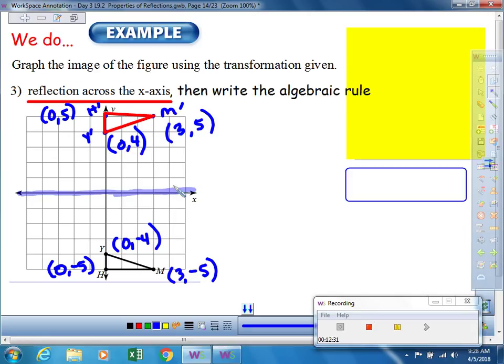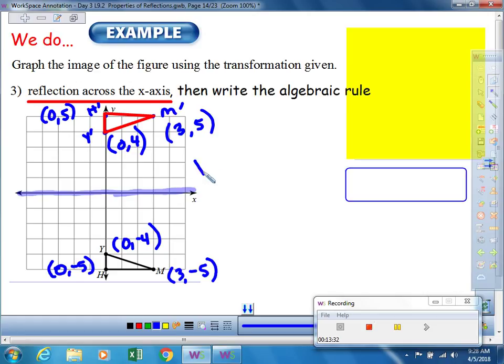Say it a little bit differently. X stayed the same and the Y became what? Well, what are 5 and -5? What kind of numbers? Inverse, opposite, so it became the opposite.